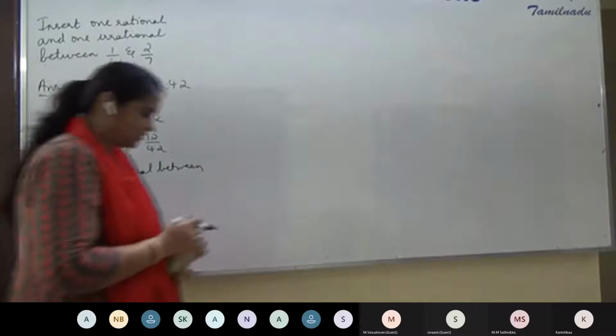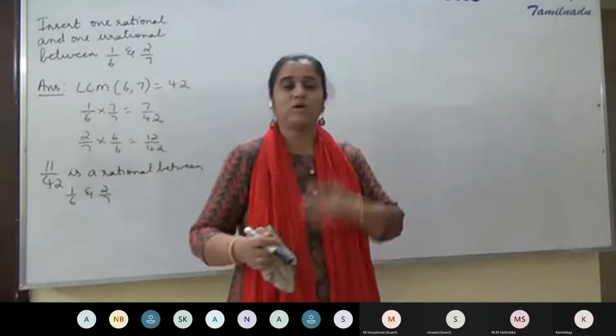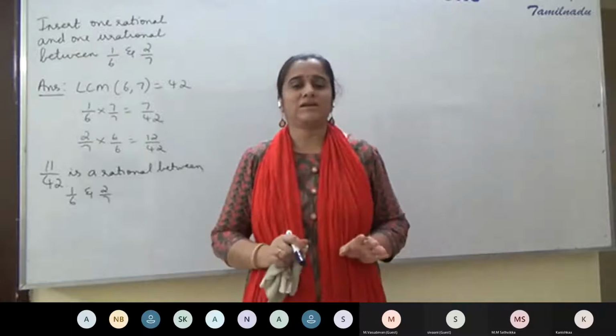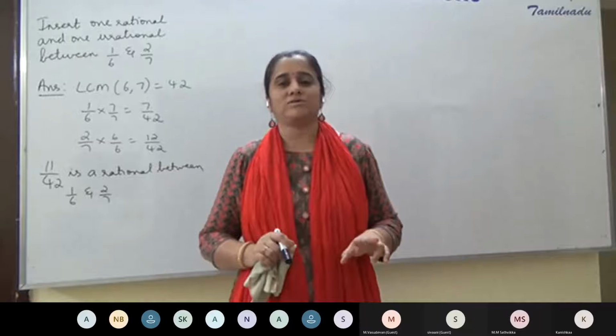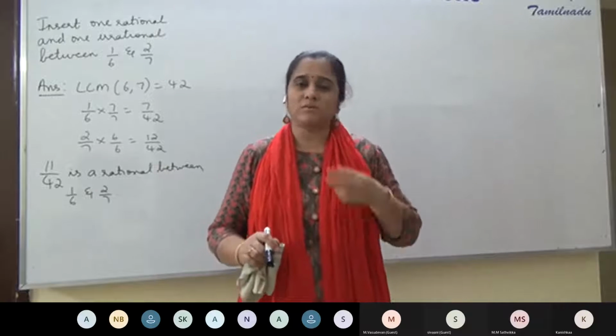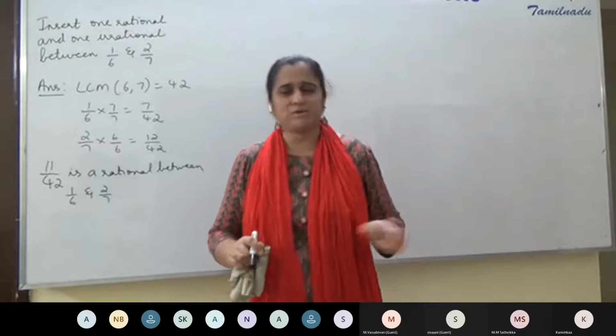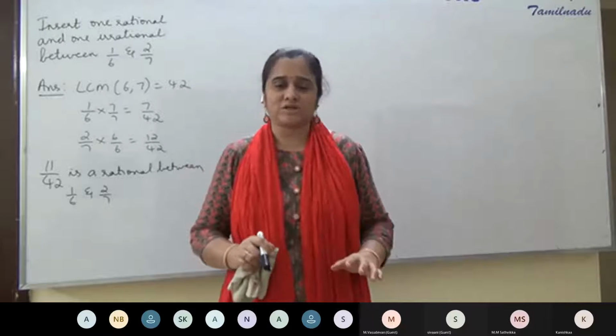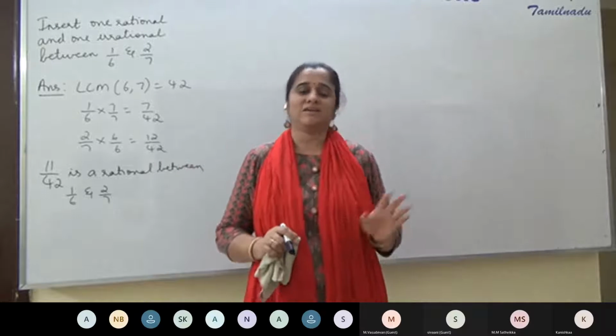Now coming to irrational. If you have to insert one, there are infinitely many irrationals. Between any two numbers, whether consecutive or whatever, there lie infinitely many rationals and infinitely many irrationals.